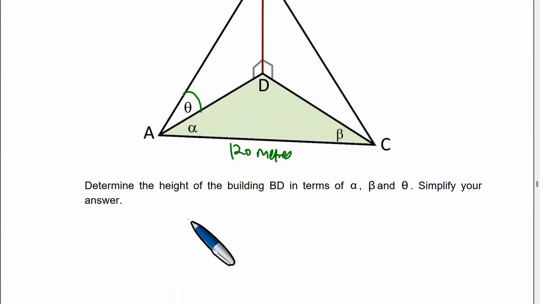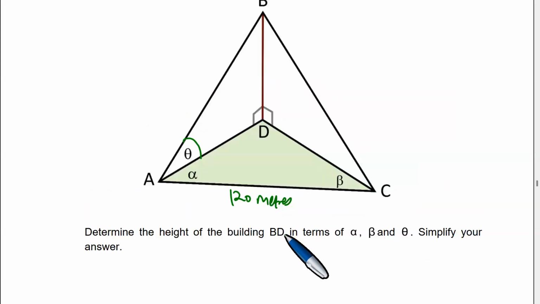What do they want us to find here? Determine the height of the building in terms of alpha, beta, and theta. Simplify your answer. So very easy. We're first going to have to find this angle ADC.